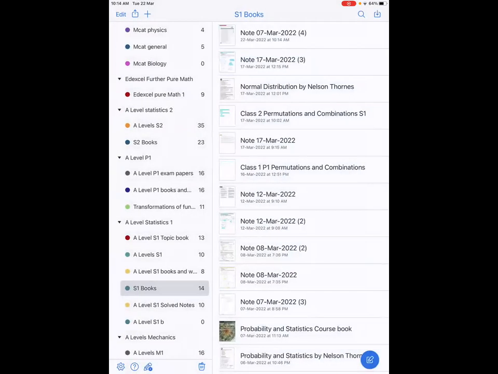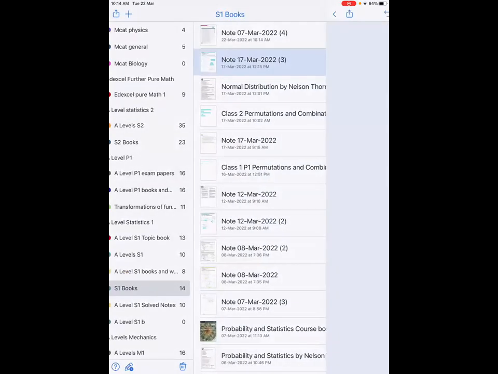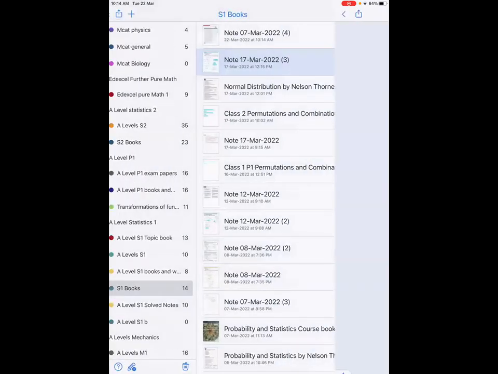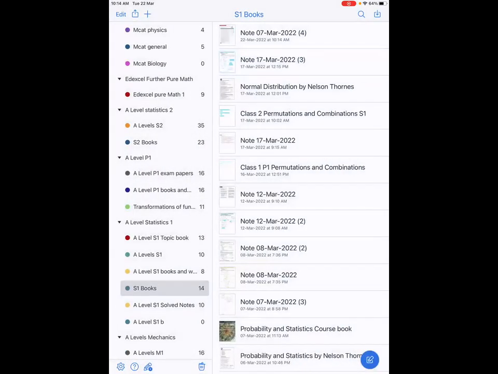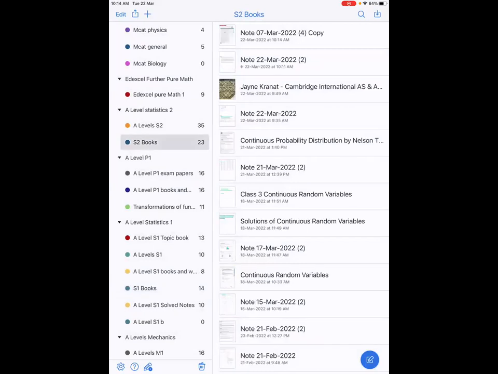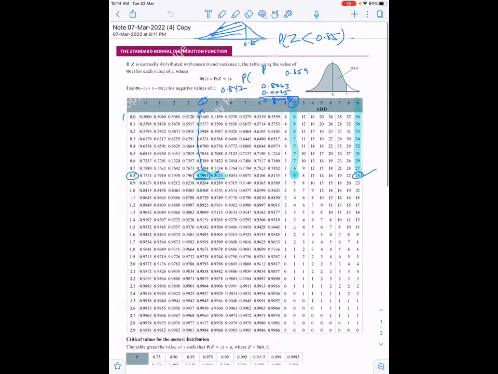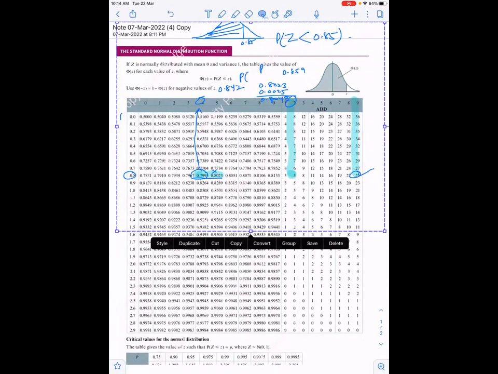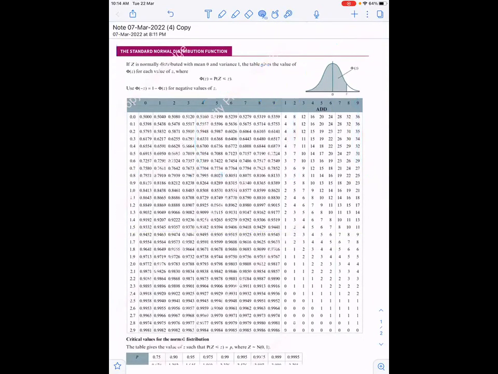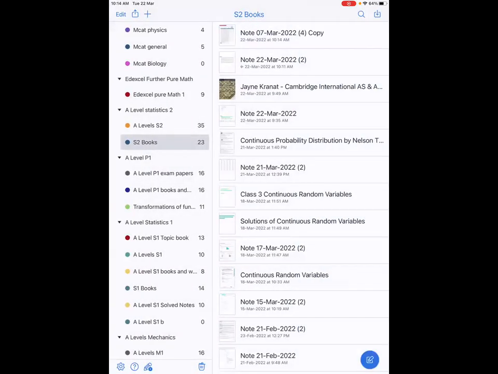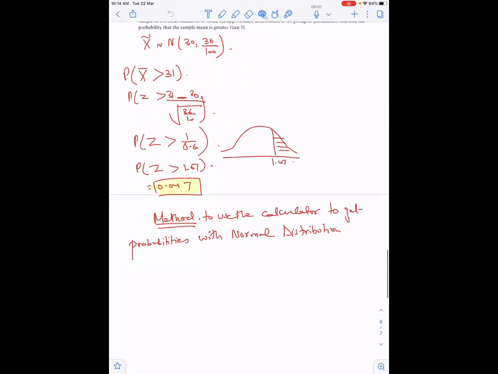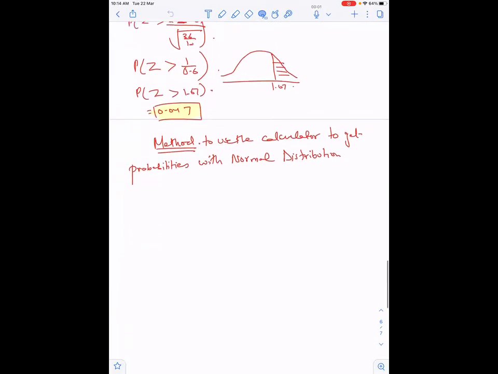So we had to find out the probability of greater than 1.67.